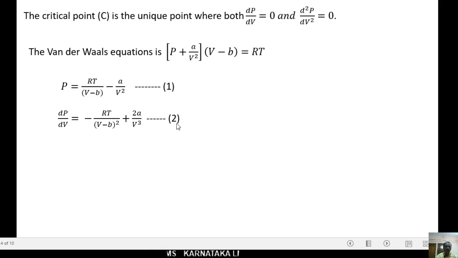Let it be equation 2. Just differentiating equation 1 with respect to dv, we get equation 2.